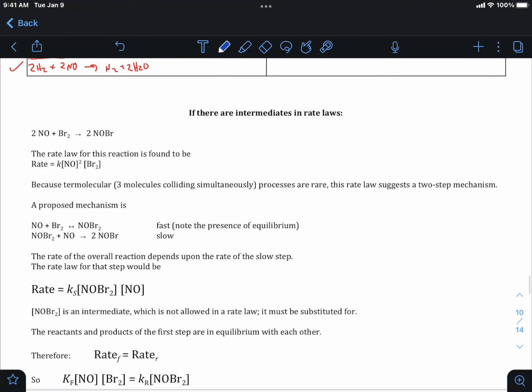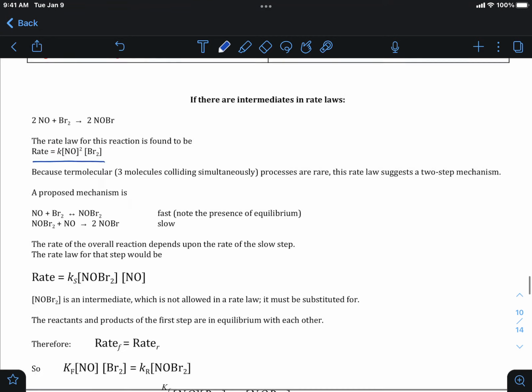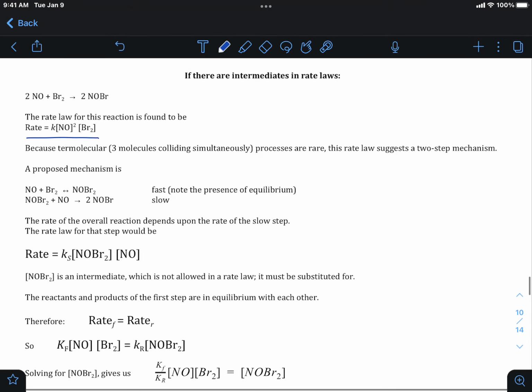So we talked about intermediates. And back to this reaction, where we found the rate law was experimentally determined to be this. Now, this is what we call a termolecular process. Ter as in 3. And since we're here, let's talk about other ones. So there's unimolecular, which means there's one molecule.